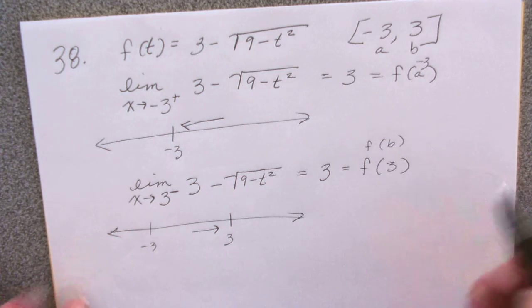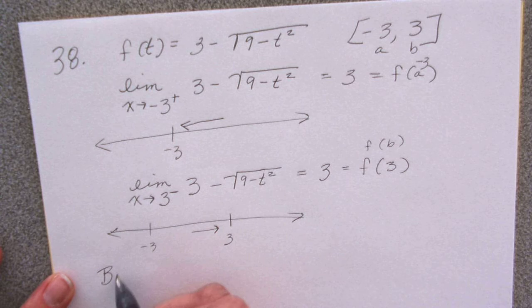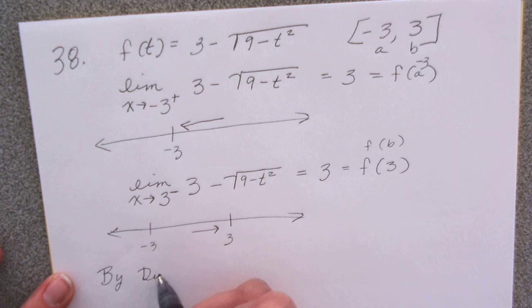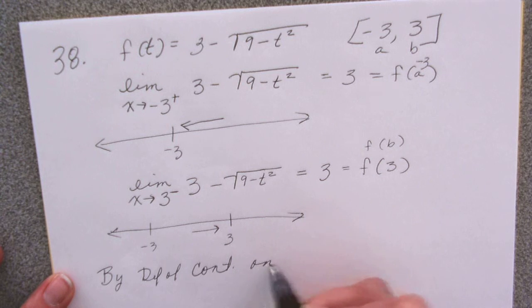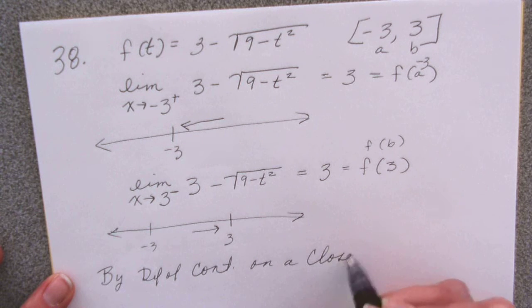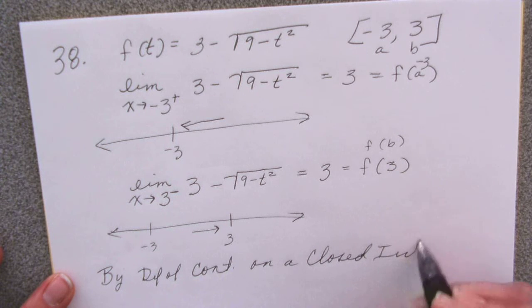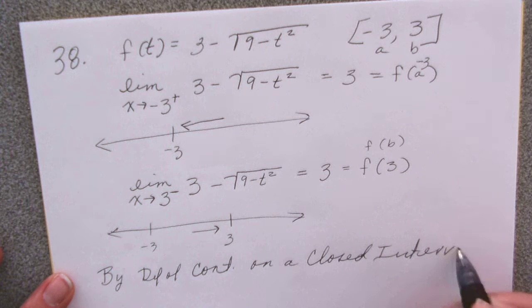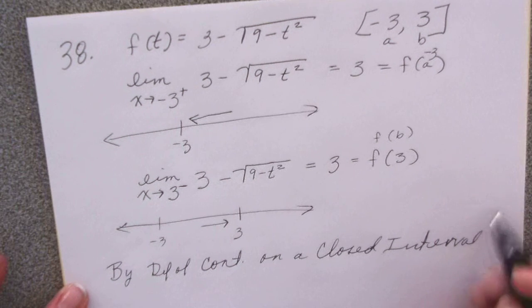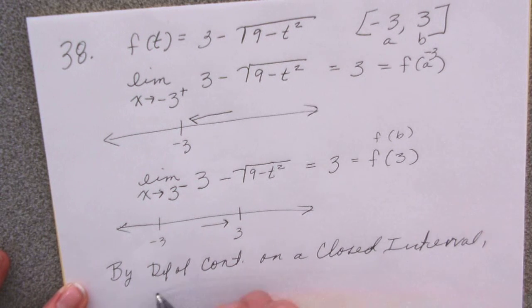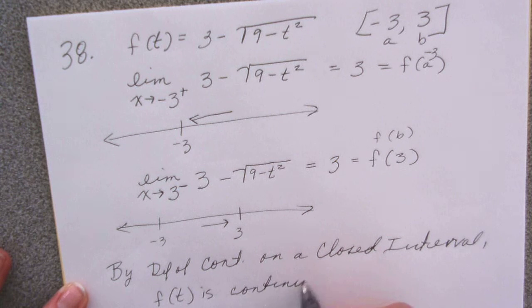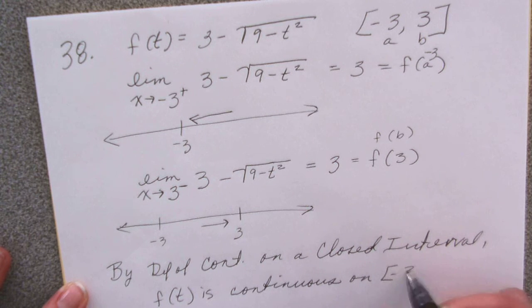So by the definition of continuity on a closed interval, f of t is continuous on -3 to 3.